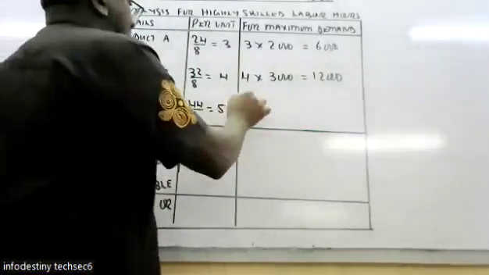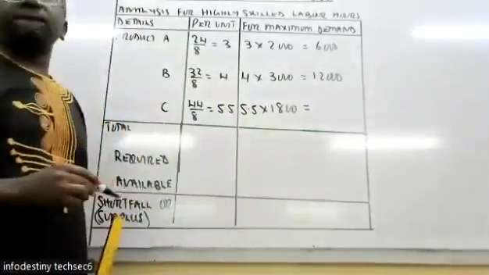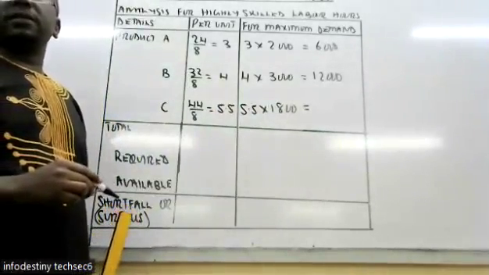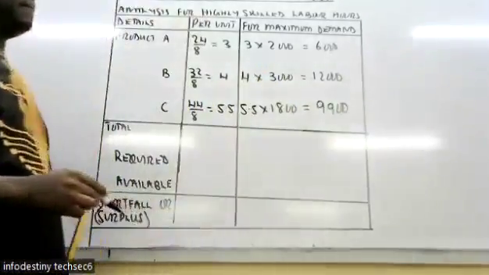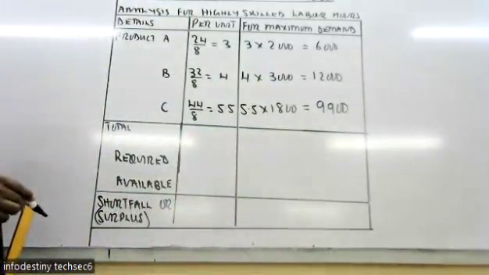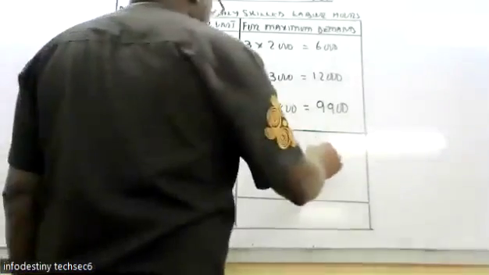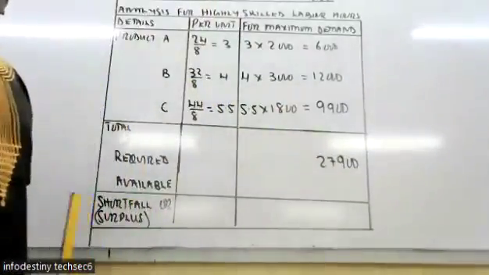So 5.5 multiplied by 1800 is 9,900. So if you add those ones, 27,900.